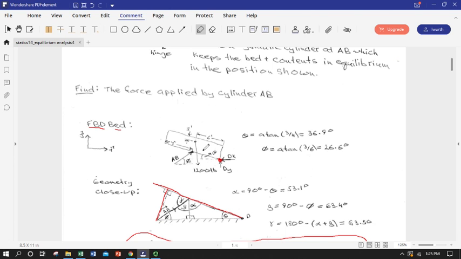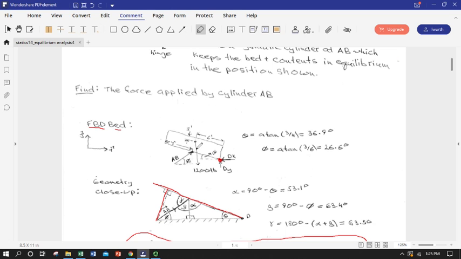I can find a radius, or the length of a perpendicular to that 1,200 pounds, from the geometry if I try hard enough, which means that for force AB, if I can get a radius from point D to it through the geometry of the problem's dimensions, that will give me AB in one equation.